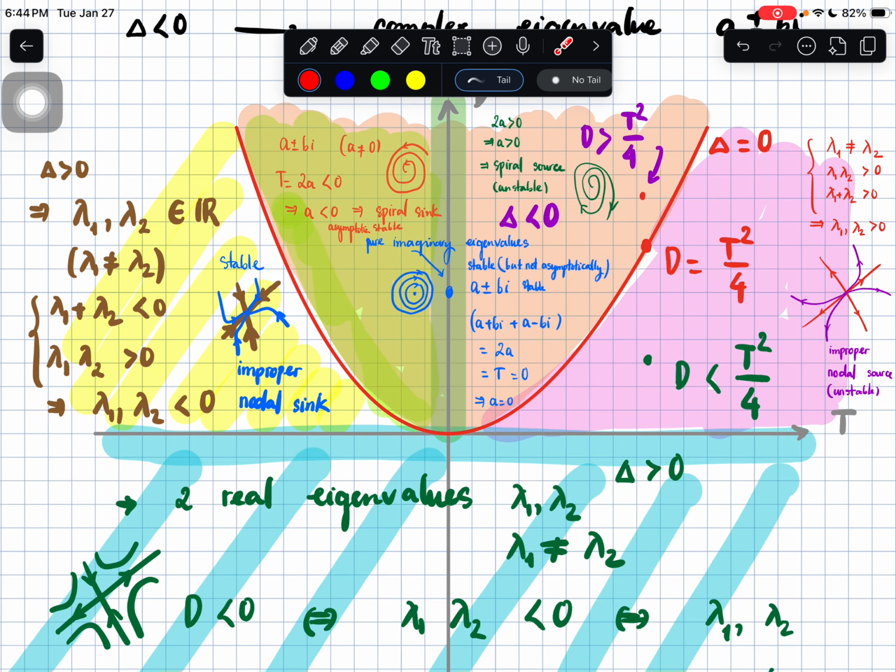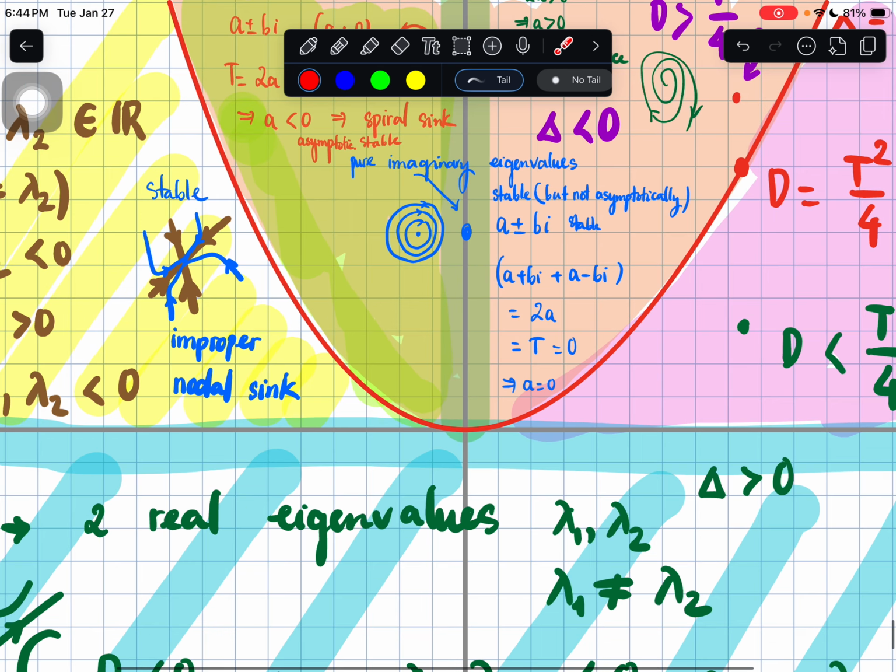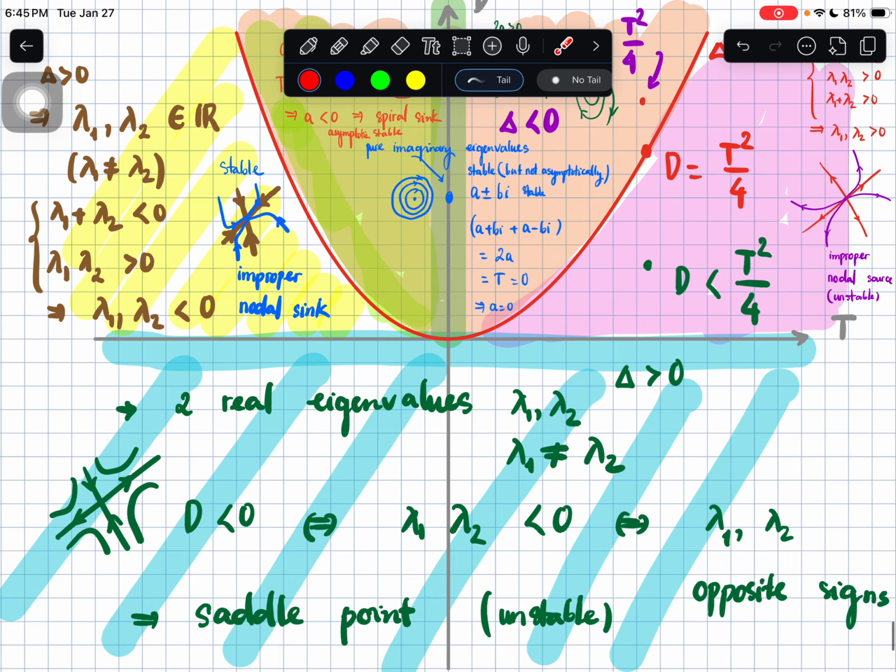Now let's look at the points on this line. It corresponds to the determinant being 0. So the matrix A is singular. It's not invertible. So in this case, we have 0 as an eigenvalue on this line.